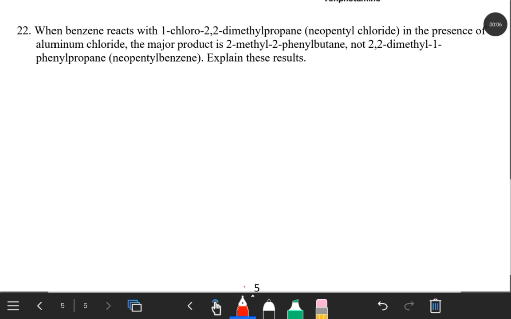Let's solve question 22 of the 2026 tutorial sheet, which is the April tutorial sheet.